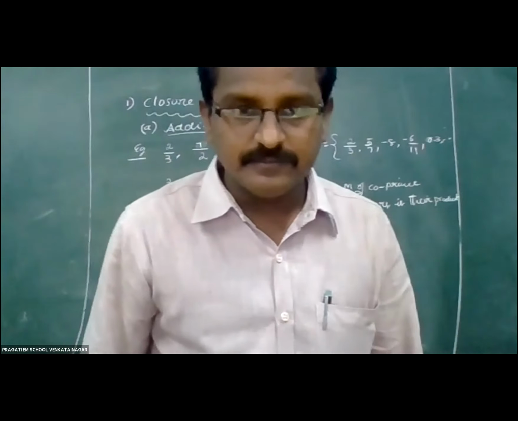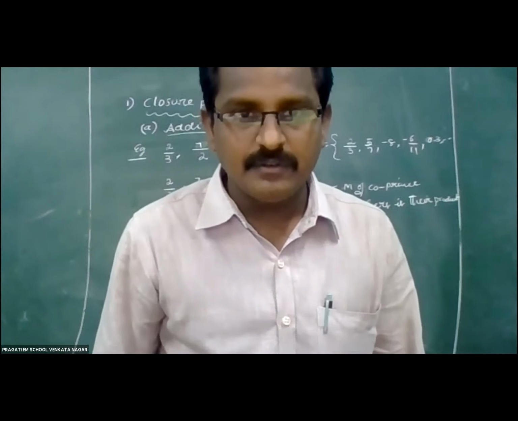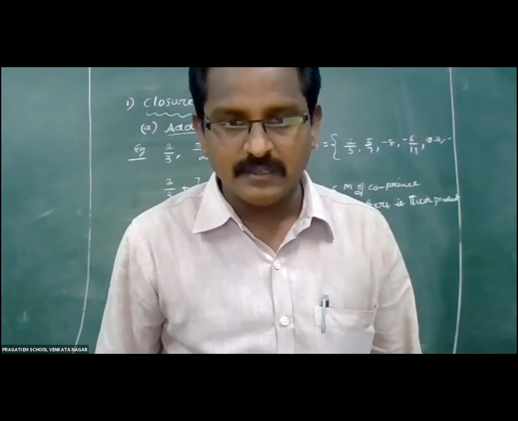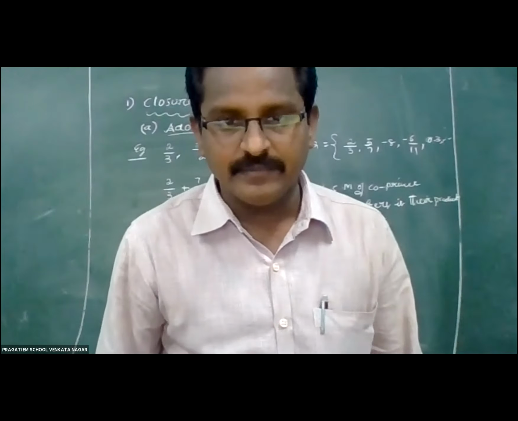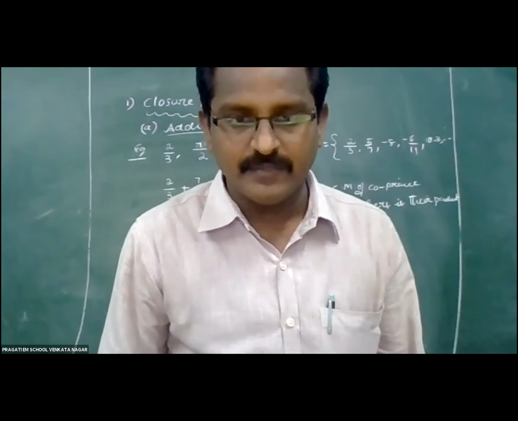Hi Lakshmi. Any doubt? Yes, ask me, Amma. Sir, yesterday you told rational numbers are also known as quotient numbers. Can we represent the quotient numbers also as capital R? No, Amma. Rational numbers are represented by Q only.